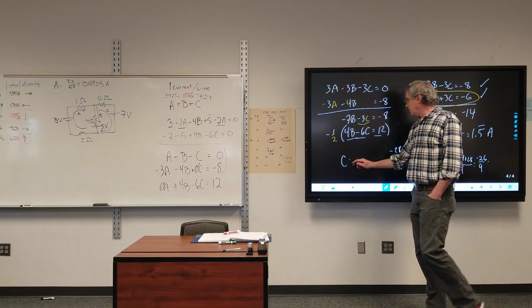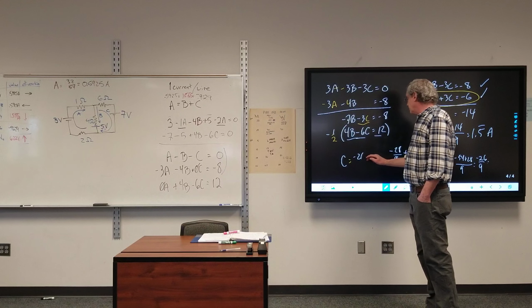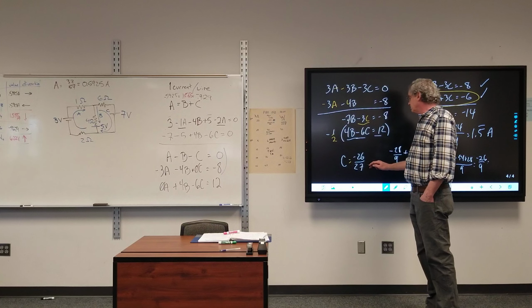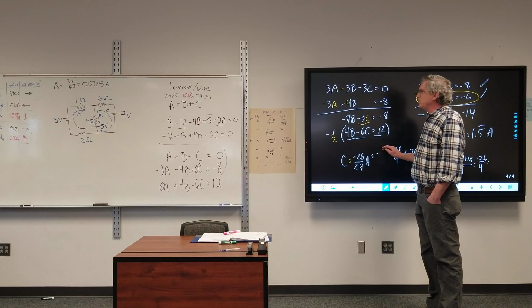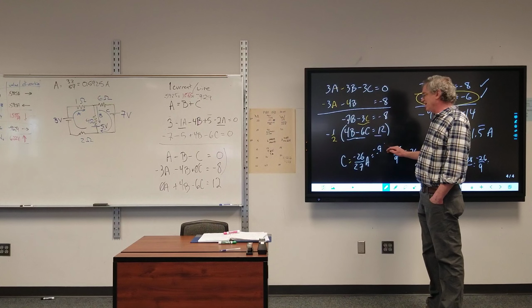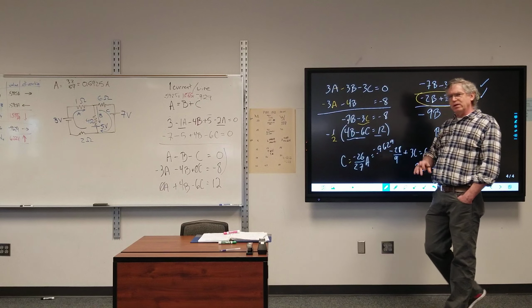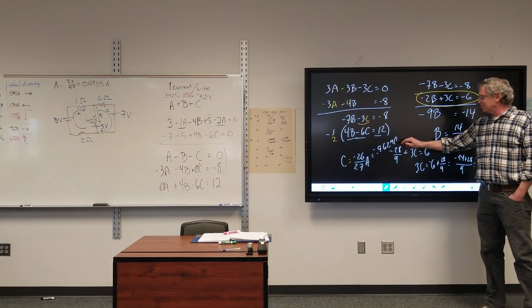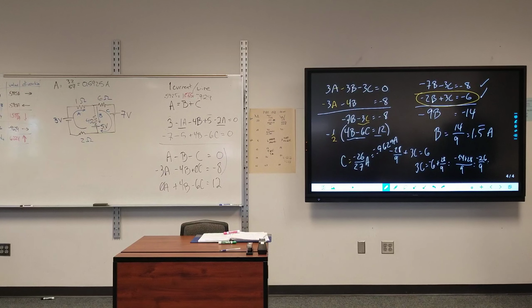Therefore, c equals negative 26 over 27, which strikes me to be somewhere around negative 0.9629. It feels right. And if it's not, then we've made an error somewhere. Yeah, that's right. Amazing how I did that in my head.